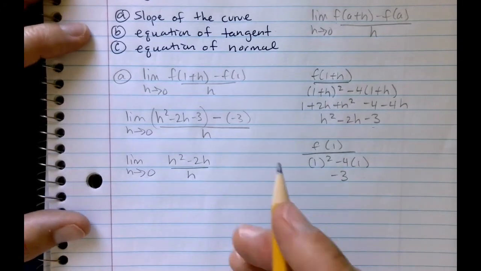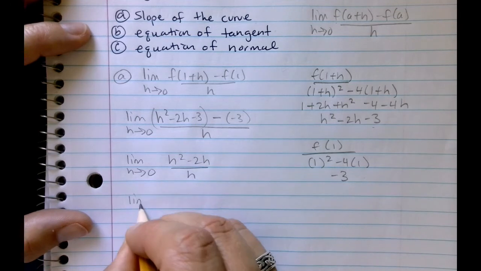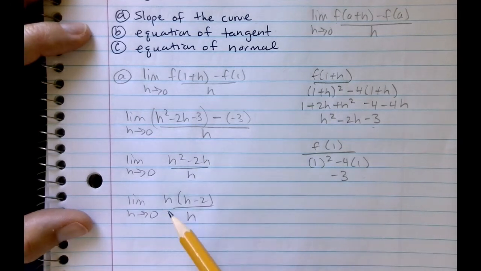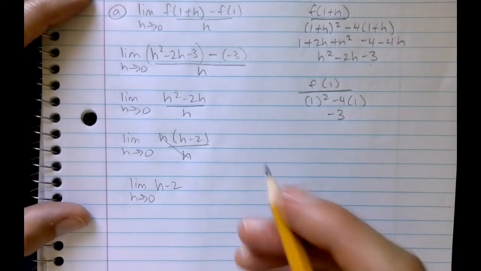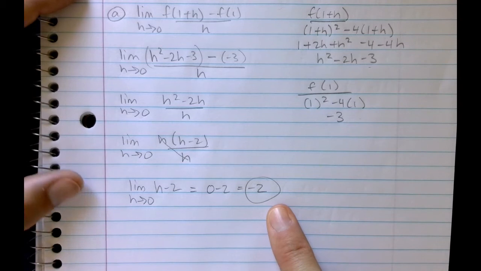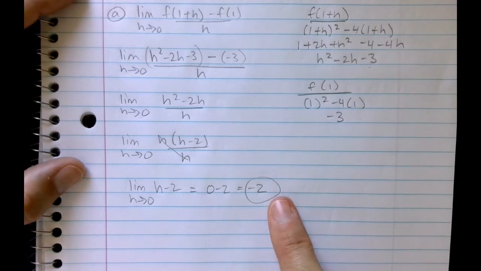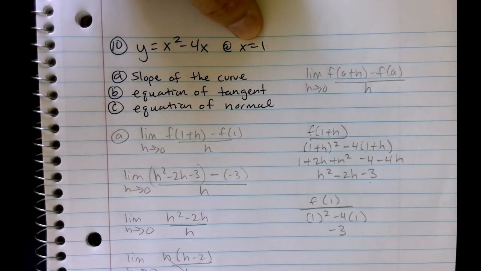Now we simplify by factoring out one single solitary h in the numerator. Now we can take our limits. What we just found, since we have no context, is we found the slope of this curve y at exactly x equals 1. That is part A.